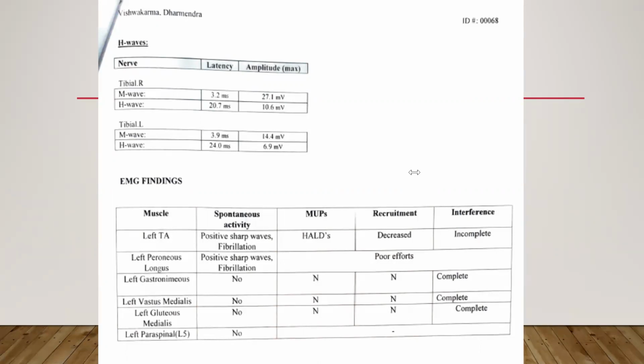So you examine that, then UMN is out, then you start for the LMN. In LMN, anterior horn cells, roots, then plexus, then peripheral nerve, neuromuscular junction, muscle. These are all the localizations of foot drop. All localizations can give rise to foot drop.